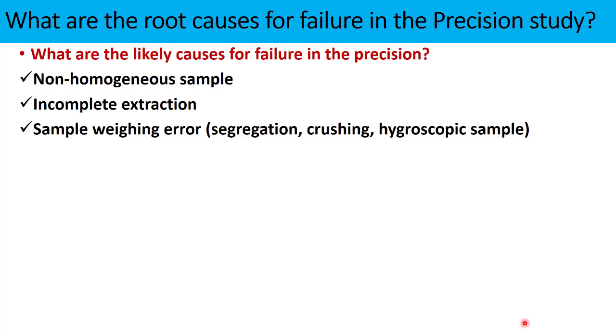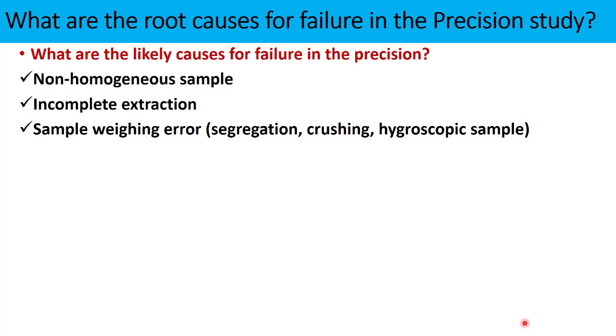During this process, segregation takes place. The coarser material can move faster and the fines present in the powder will stick onto the surface of the butter paper. So just imagine if the analyte concentration in the coarser part is higher, you may end up getting a higher result and vice versa. So segregation can happen during the weighing and this can further result in imprecise analytical results.